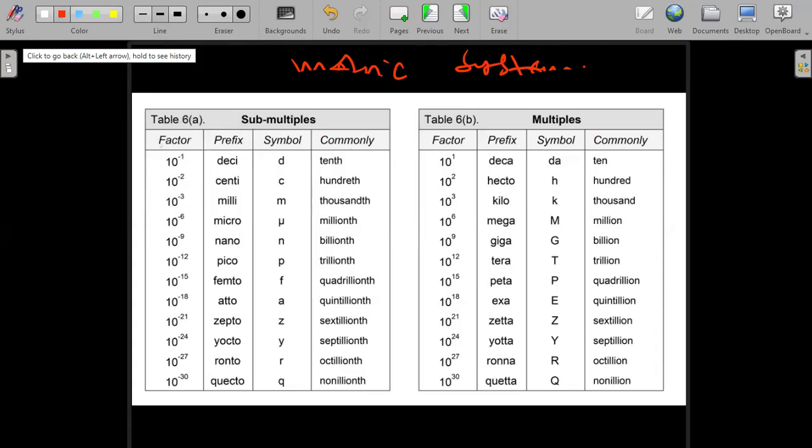The factor indicates the numerical value for that specific prefix, and the symbol just represents that prefix. For example, deci has the symbol small letter d, and its value is 10 to the power minus 1. So in whatever units you are given, if you are given maybe 5 decimeters, just know that this deci represents 10 to the power minus 1.